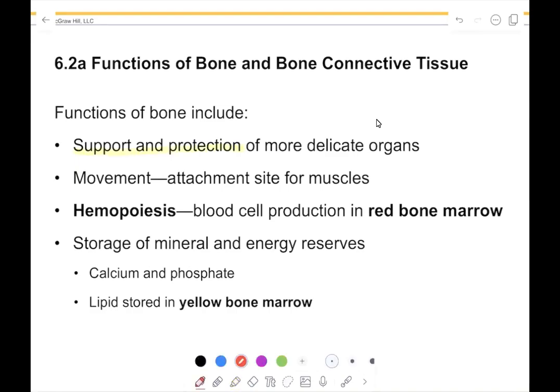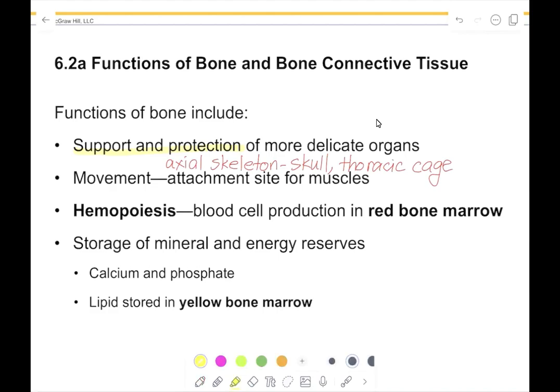So that would predominantly be in a part of the skeleton called the axial skeleton. When we think of the skull, the thoracic cage, protecting the very important organs like the heart, as well as the lungs, and the vertebral cavity.